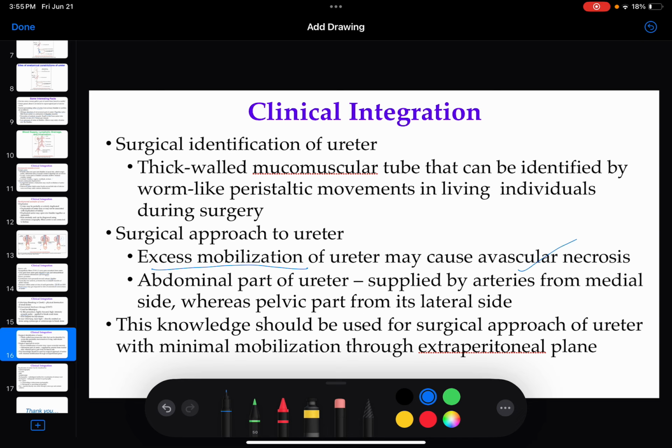So you shouldn't move the ureter much. It is fixed with connective tissue to the posterior abdominal wall, so it should be left fixed. Excessive mobilization may cause necrosis.